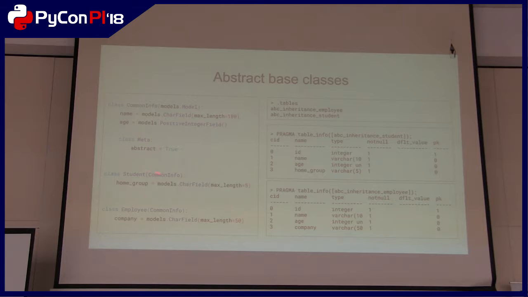Then we inherit from our abstract model and add some additional fields, and when we look at the database, we only have 2 database tables for the non-abstract models. Each of them stores information both from the parent model and its own model.